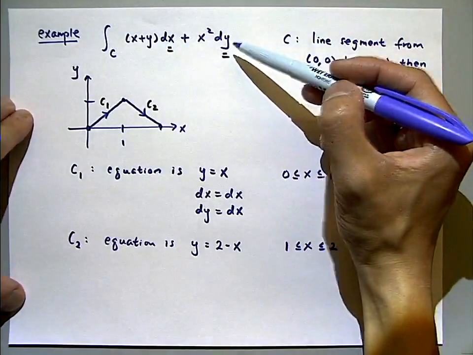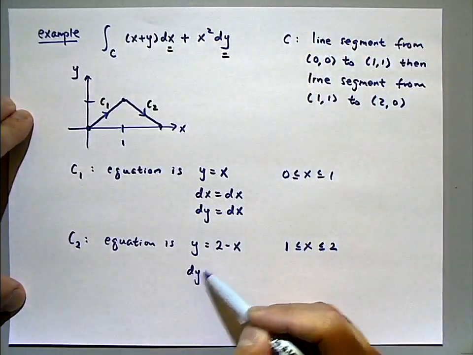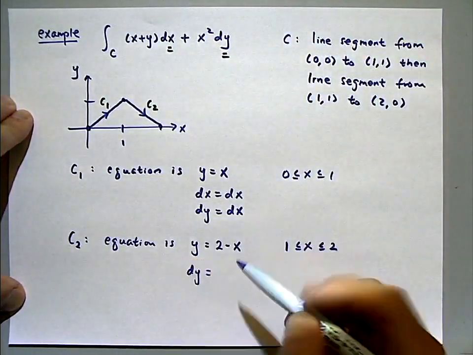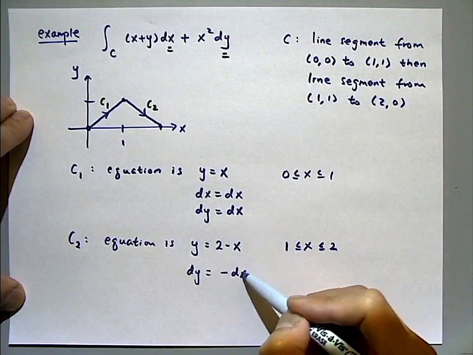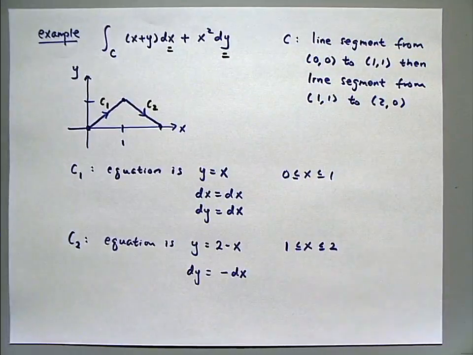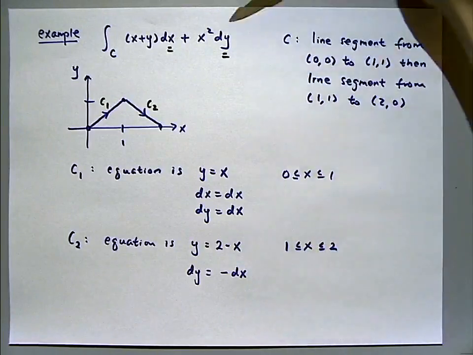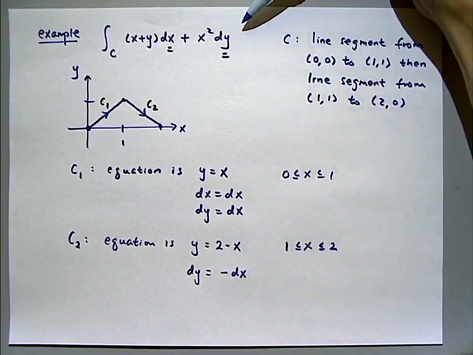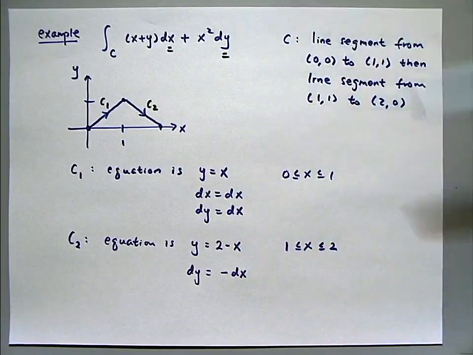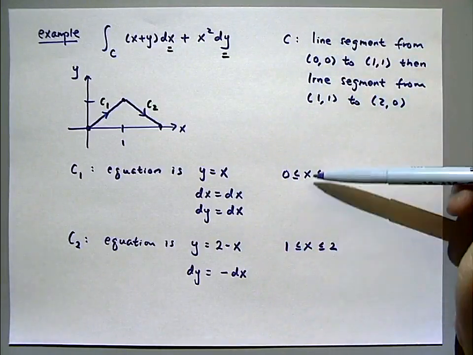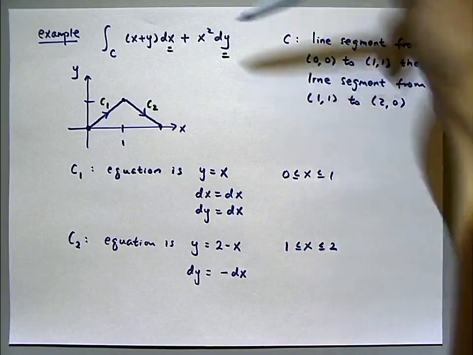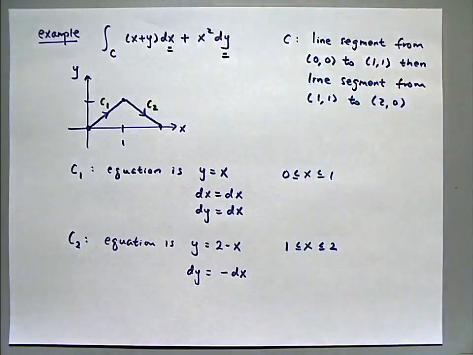Now this time dy is negative dx. Okay, so I need these pieces to go into my line integral. I've made a choice here to stick with x as the parameter. So y has to go, and dy has to change to something to do with dx.